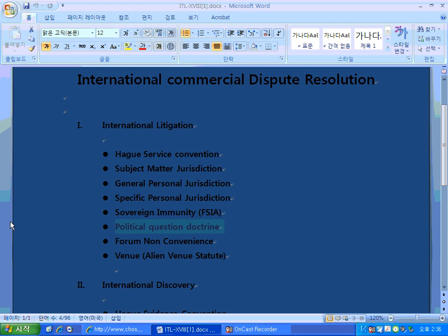In that case, actually, the court advanced to reach a substantial resolution of the case. That is also shared similarly in the Korean Constitutional Court, as you see.